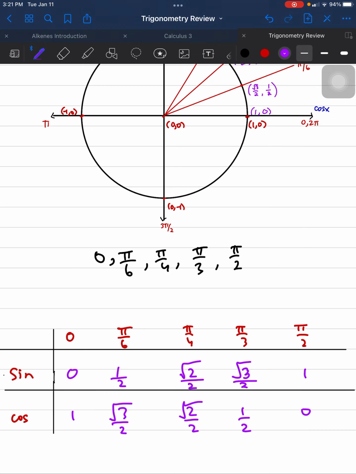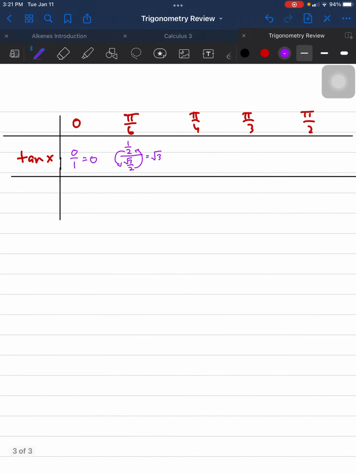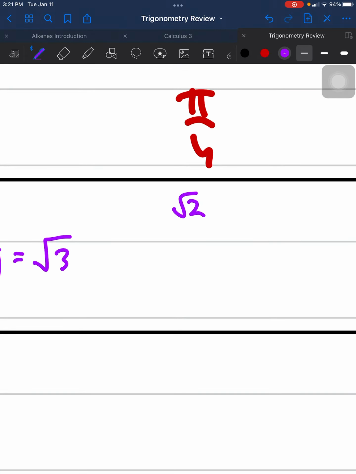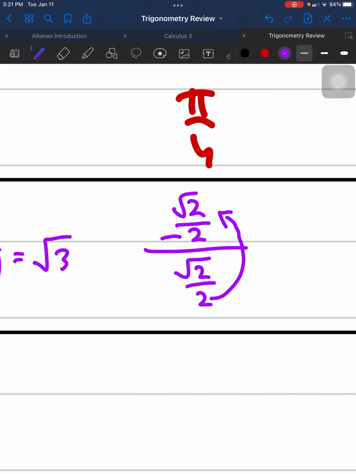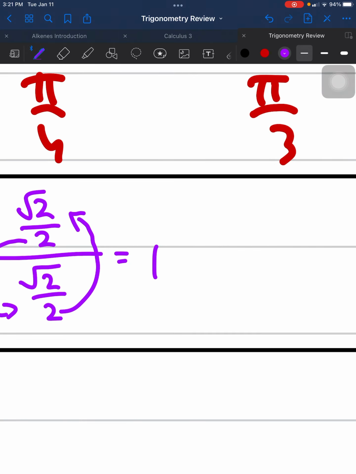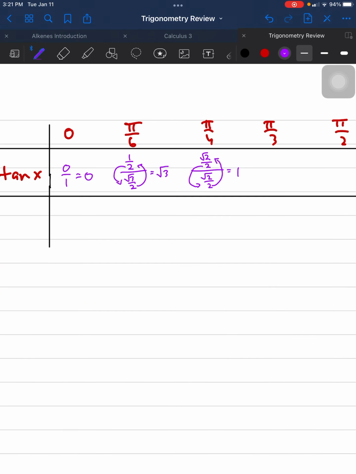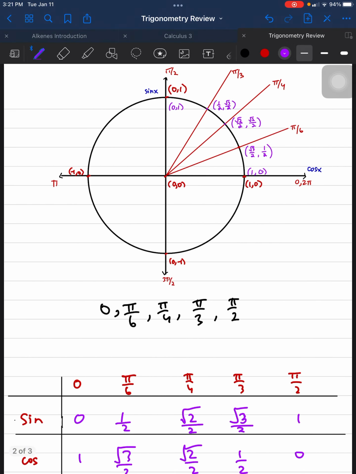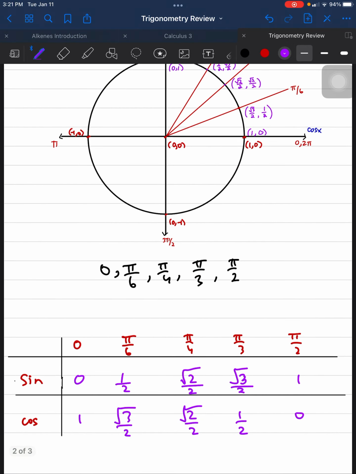Sine of pi over 4 is radical 2 over 2, cosine of pi over 4 is radical 2 over 2. So we're going to have radical 2 over 2 over radical 2 over 2. This denominator flips up, this denominator right here comes down, and here we get a value of 1. So tangent of pi over 4 is equal to simply 1.